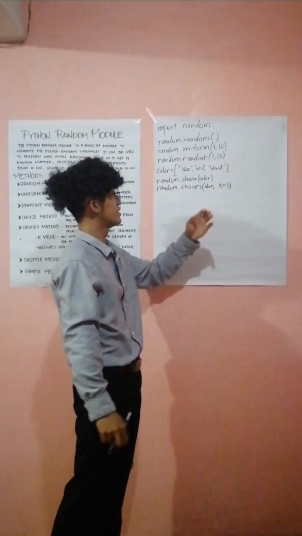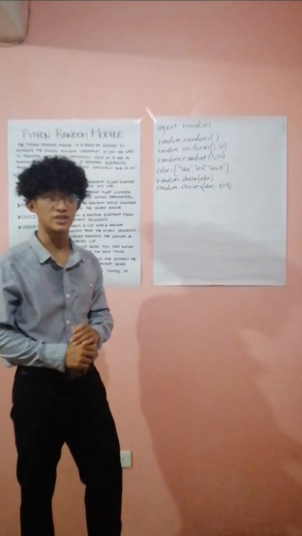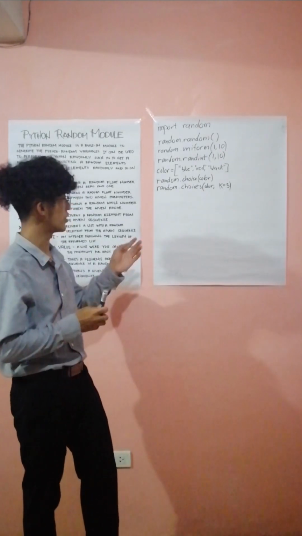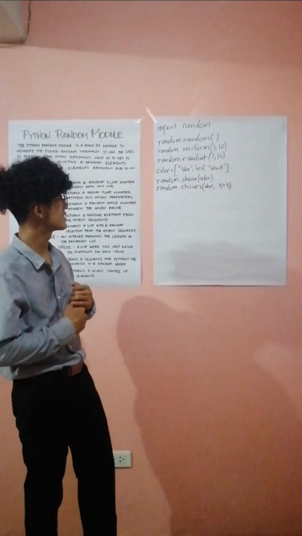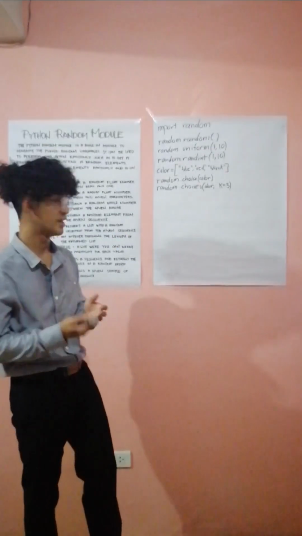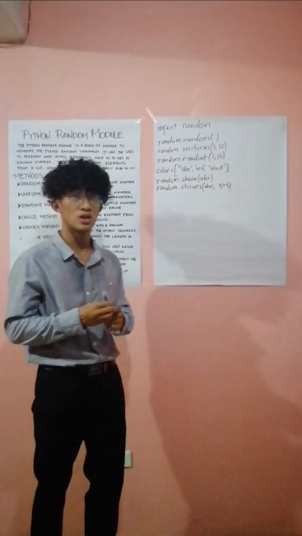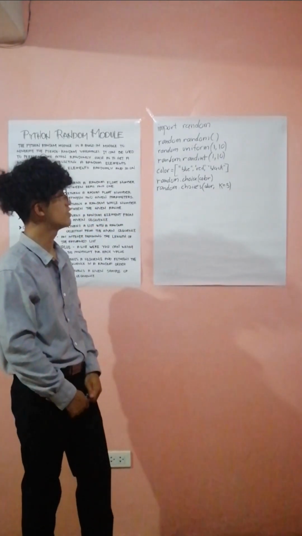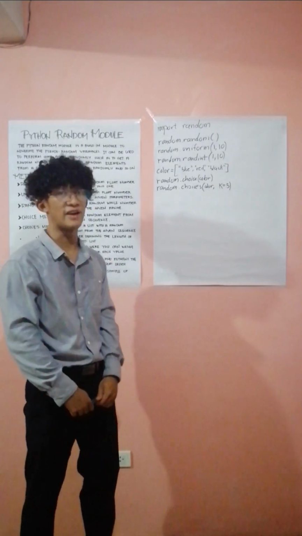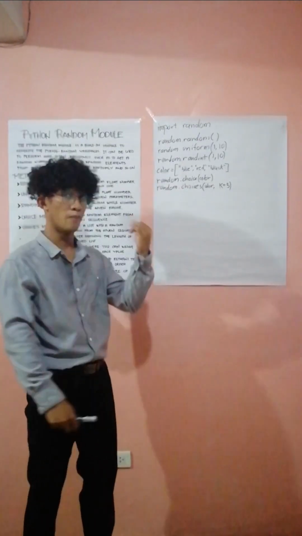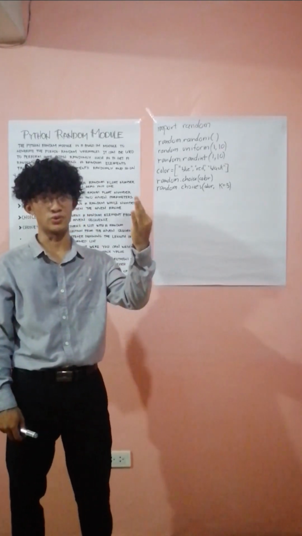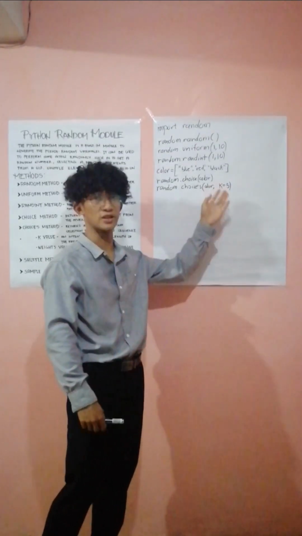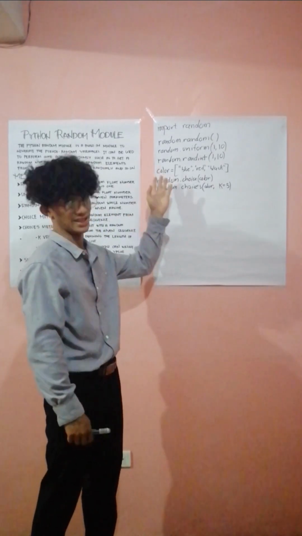But that's how you call the choices method: random dot choices, parentheses, color name, and how many elements we want to get from the list. So if I print it, it will give me a list of 5 elements from color. So it can be blue, blue, red, red, black. But because I put k equals 5, it will always give me 5 elements from that list.